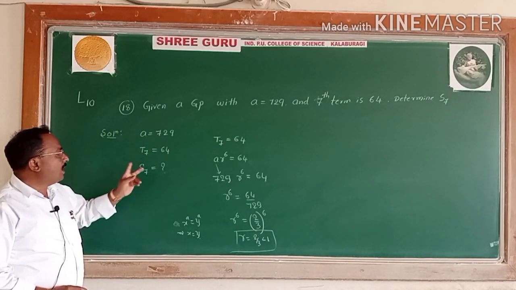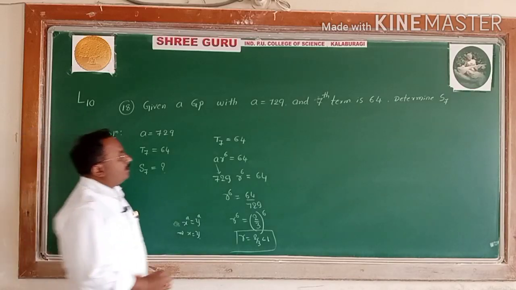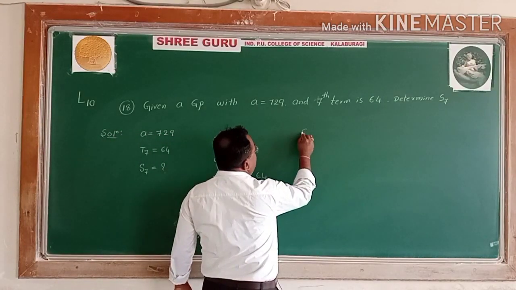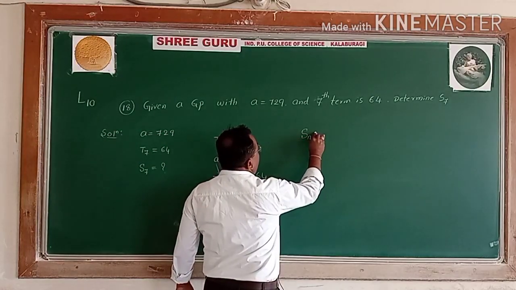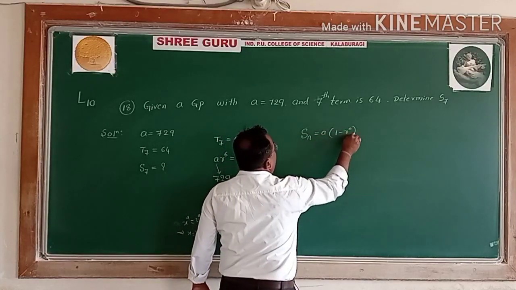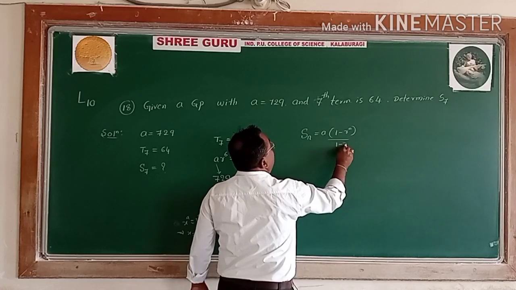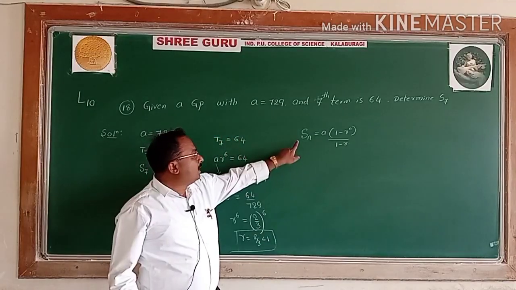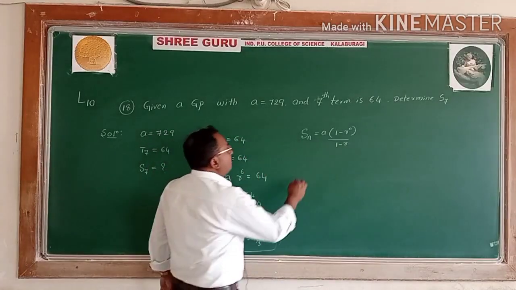Determine S7. R is there, A is there. Sn is equal to A times 1 minus R to the power n divided by 1 minus R. Here replace n with 7.